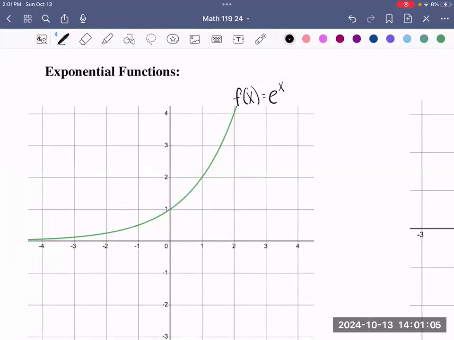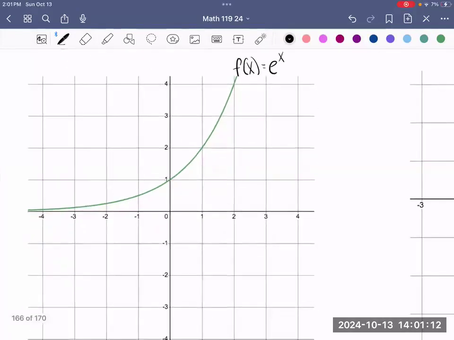Can you pick out your special features of this graph? Maybe even your domain and range. So some of the special features that I'm hoping you found is that your x-intercept, do you have one? Now you don't have an x-intercept, but what perhaps is the reason behind that? Well, this is because you have a horizontal asymptote.